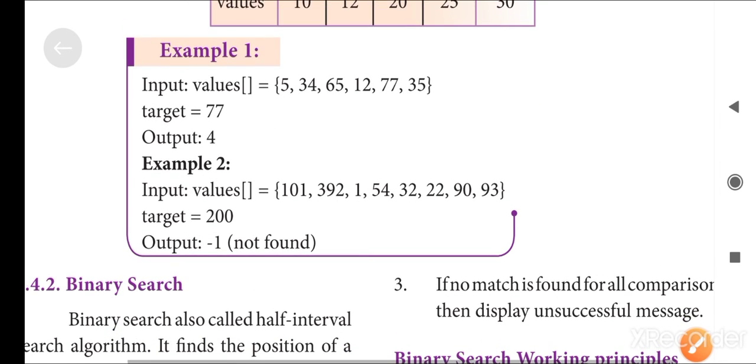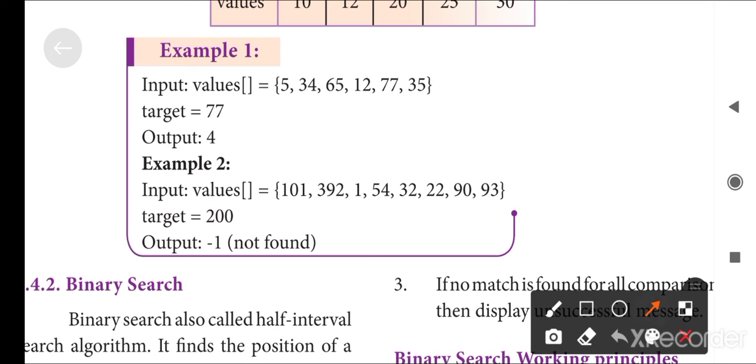Let's see another example. Here is the input of values, that is, an array. The square brackets represent an array. We have the values 5, 34, 65, 12, 77, 35.